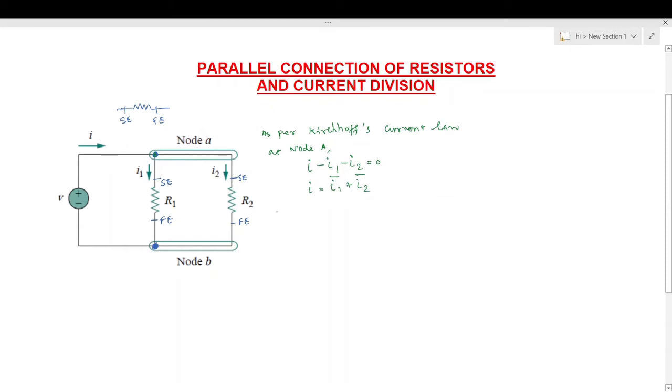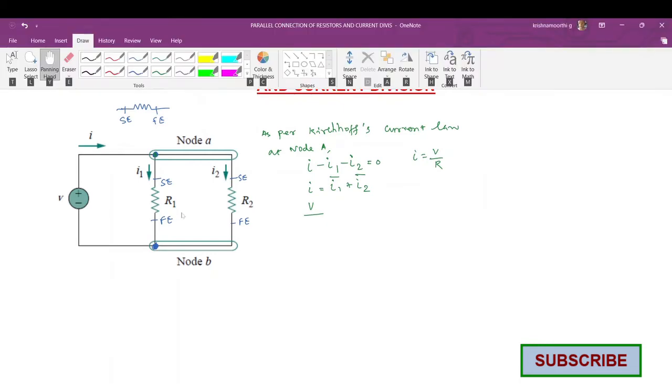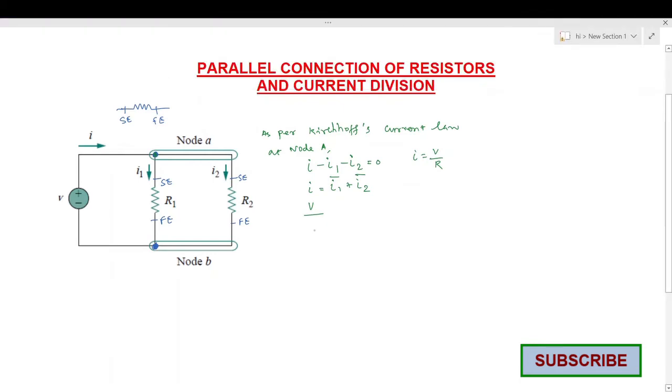We know Ohm's law, that is I is equal to V by R. We will apply the value of I here. We know that in parallel connection the voltage is constant, so the supply voltage is V, and I don't know the value of the equivalent resistance of this circuit, so I'll just write R equivalent.